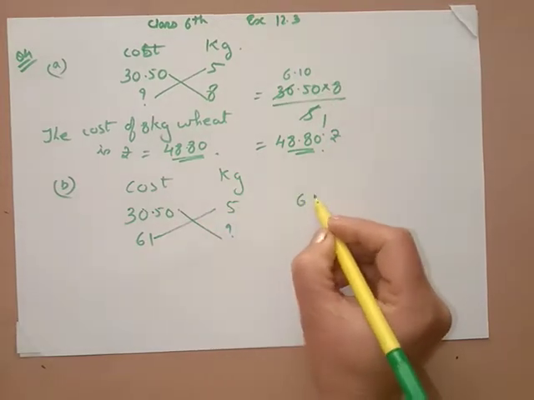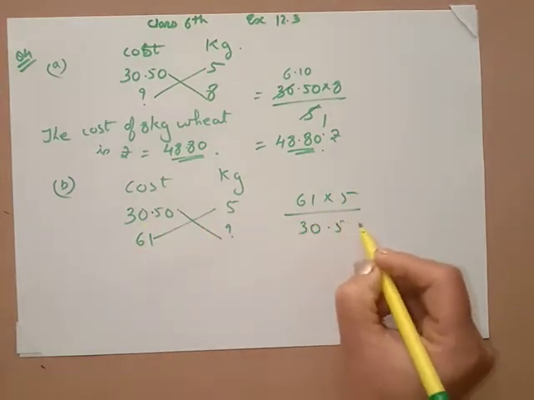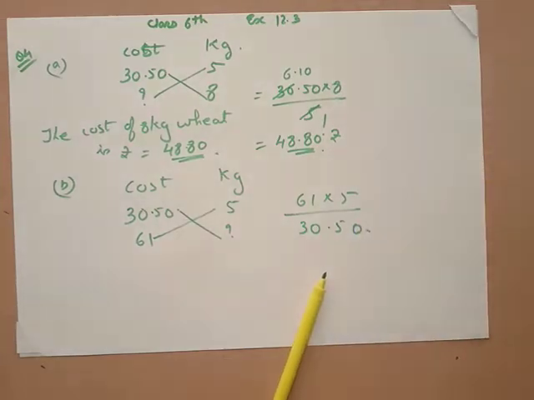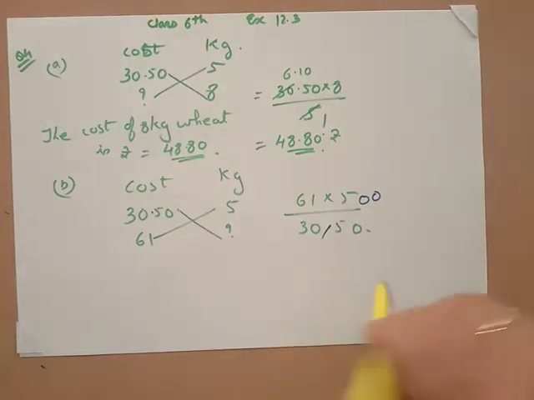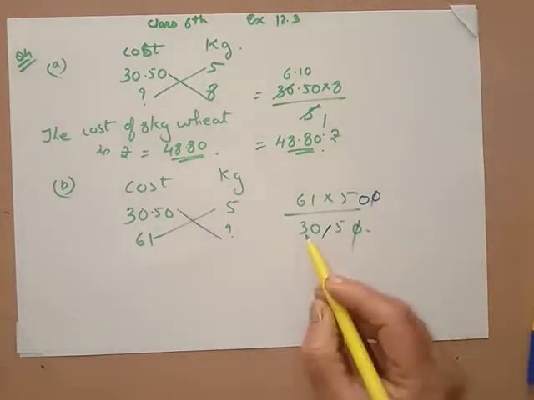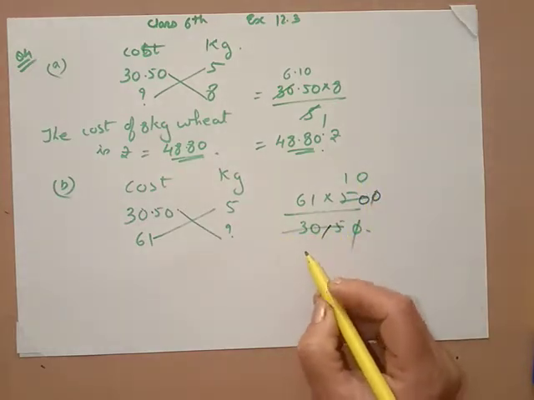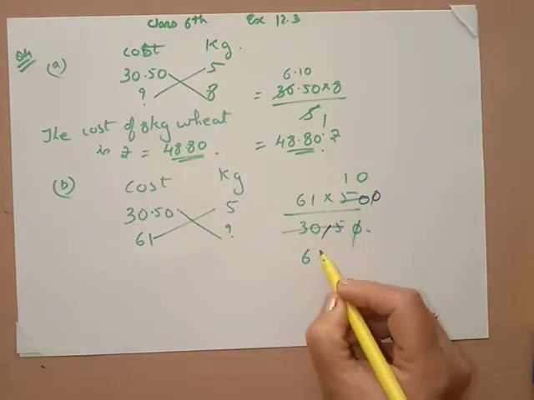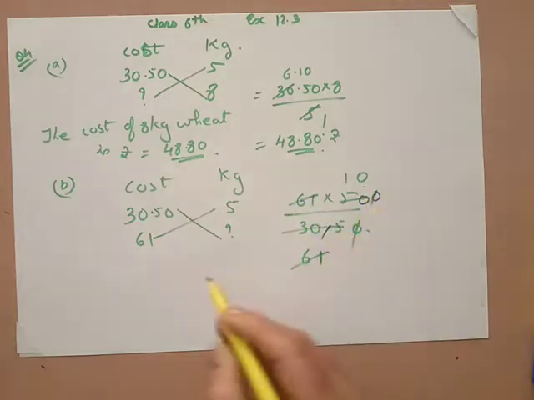Same thing, 61 into 5 will divide 30.50. Now the point I will cancel, 2 zeros taken, cancel 5 tens are 5, 6 are and 1s are, and you can see 61 is cancelled, only 10.